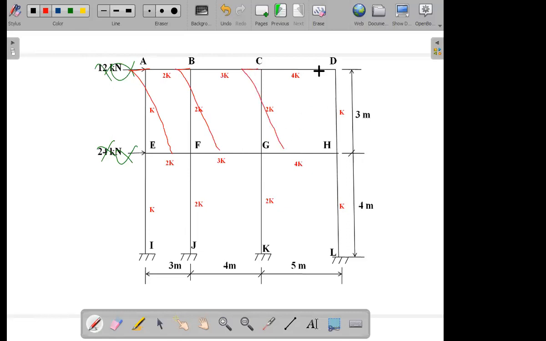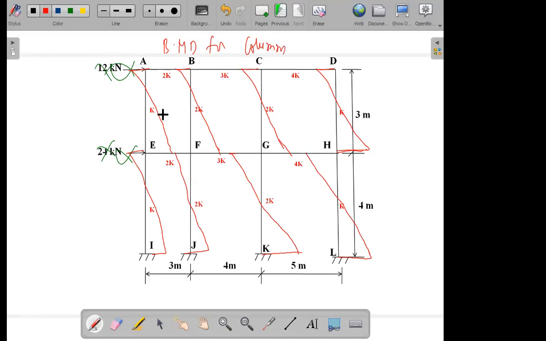So this is the bending moment diagram for columns.